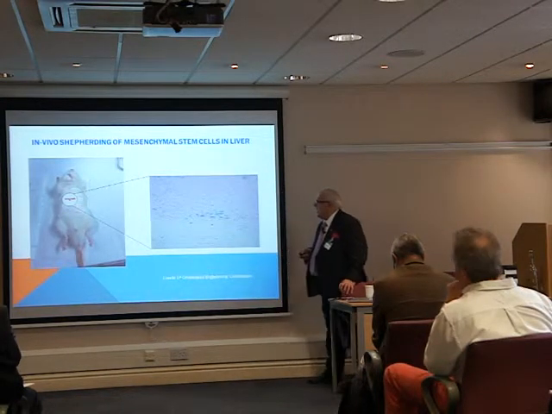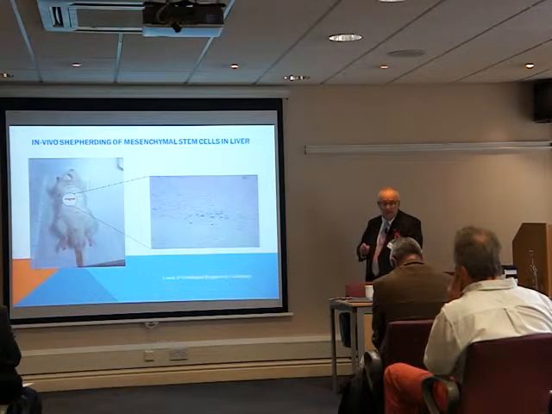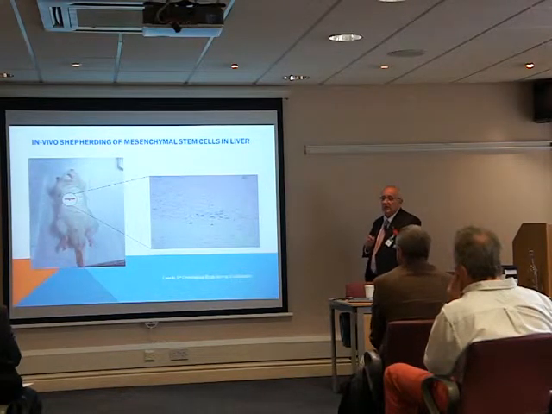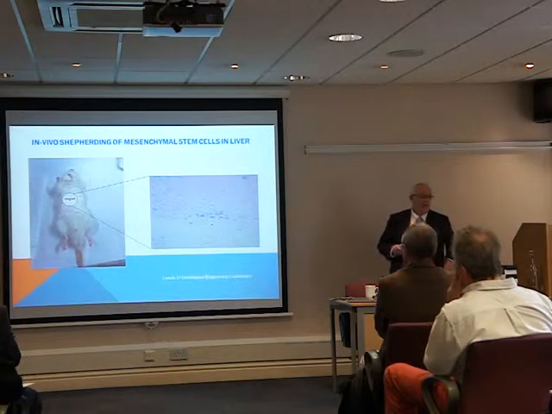And this is an experiment where we injected into the liver these islet cells derived from mesenchymal cells, except that the rat had a magnet over the liver.